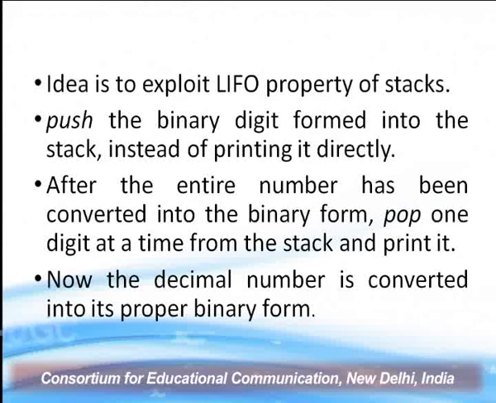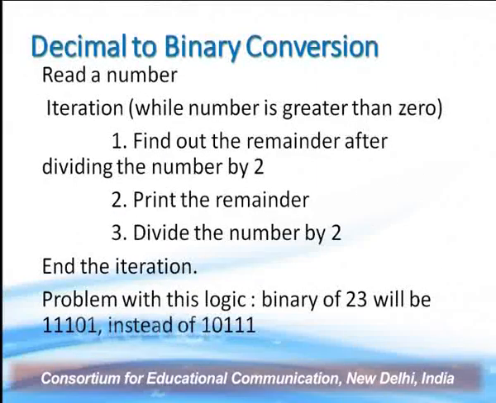So we have inserted, let us say, 11101, and when we pop them out, it will come as 10111. So we get the correct version of the binary number. In this way, a decimal can be converted into its proper binary form by using the LIFO property of stack.